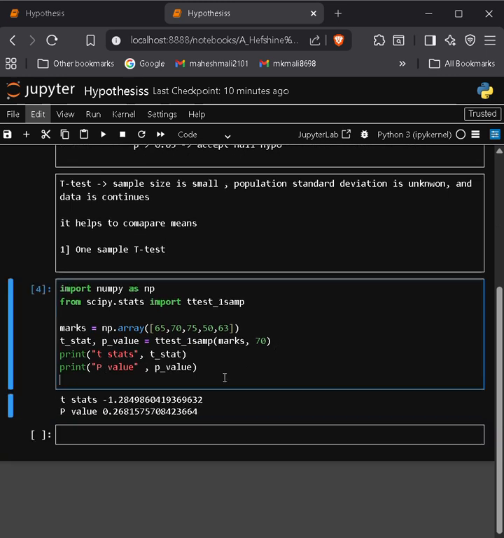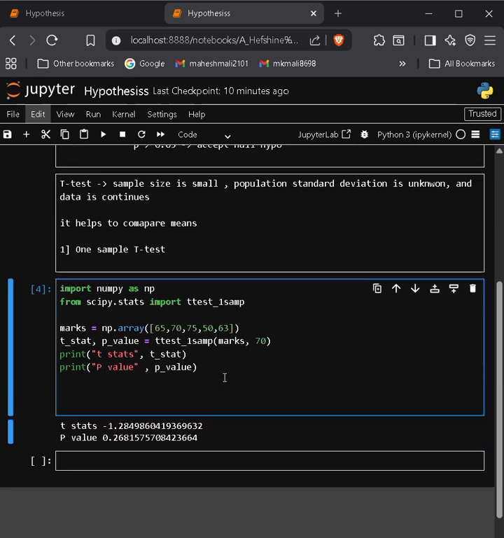We can also write a condition for our explanation, alpha 0.05.